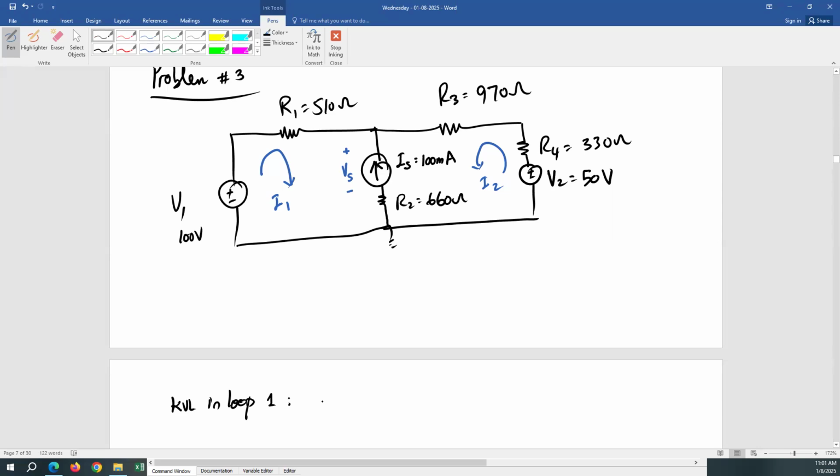So V1 equals I1 R1 plus Vs, and then I1 plus I2 times R2.